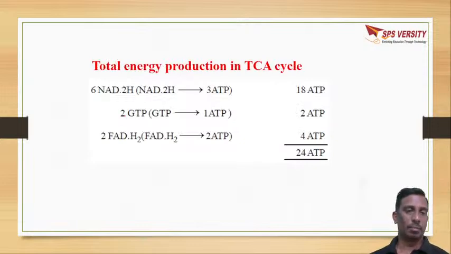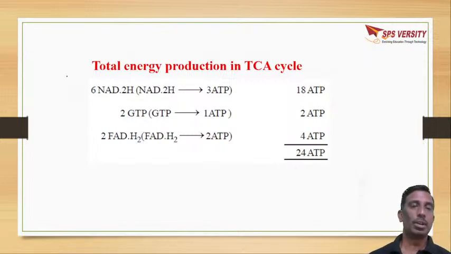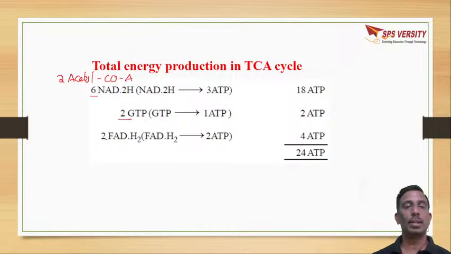So you can see here, for 1 acetyl coenzyme A, it is 3 NADH2, 1 ATP, 1 FADH2. For 1 glucose, meaning 2 acetyl coenzyme A, the Krebs cycle takes place twice, so everything becomes double: 6 NADH2, 2 ATP, 2 FADH2.